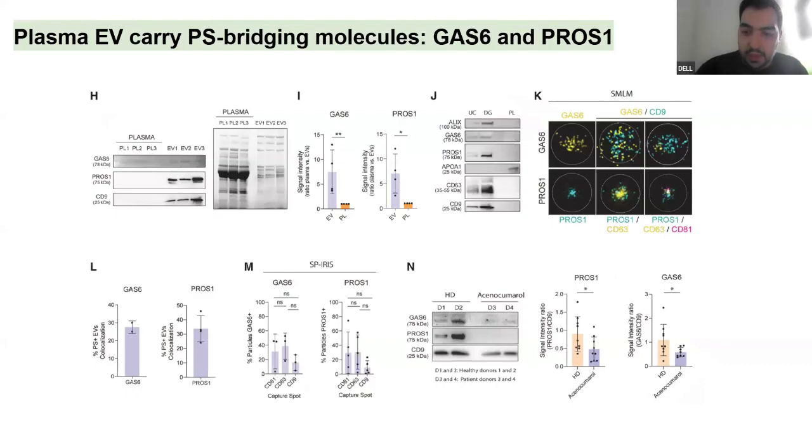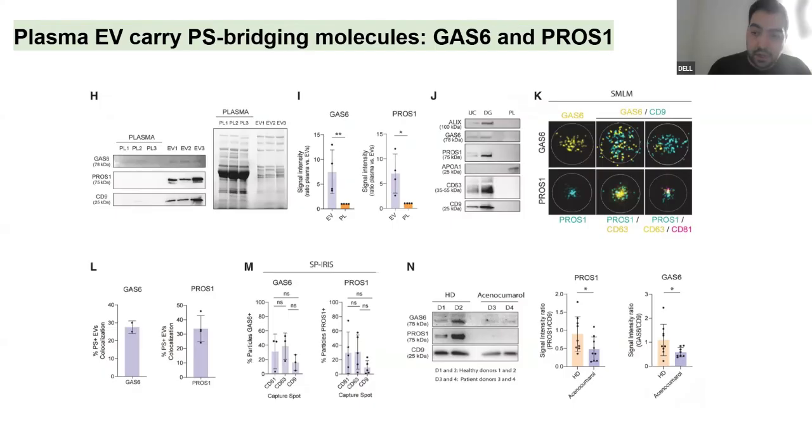Continuing with this, we also observed a clear enrichment of GAS6 and protein S in EVs, suggesting their functional association with vesicles.